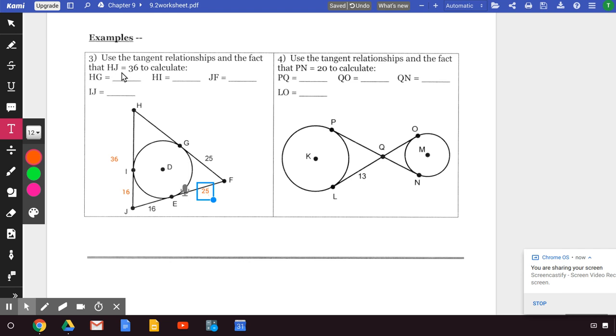We were given here that HJ was 36, and if this part is already 16, then we can subtract, and that will tell us that HI is 20, and that means that HG is the same. It's congruent. So HG is 20.